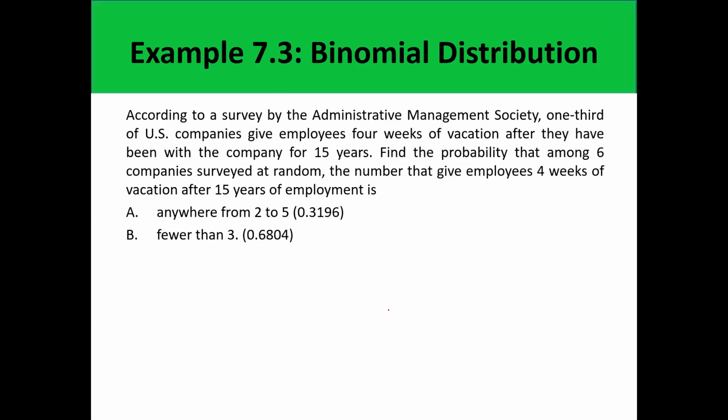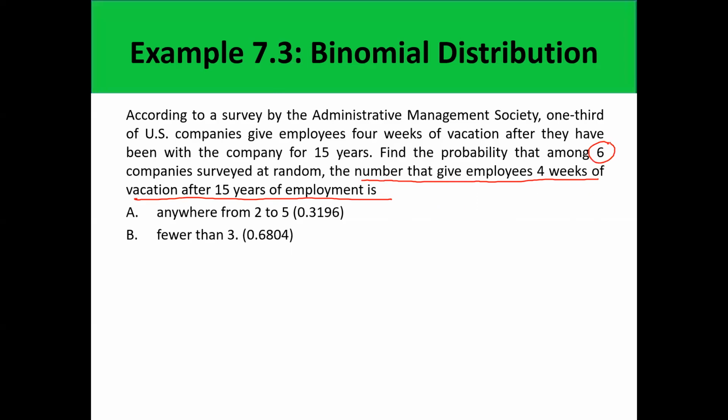In this situation, it's under the binomial distribution because there are only 2 outcomes. Either the company will give employees 4 weeks of vacation after 15 years of employment, or the company will not. But in this problem, we are counting the number that give employees 4 weeks of vacation after 15 years of employment out of 6 companies surveyed.